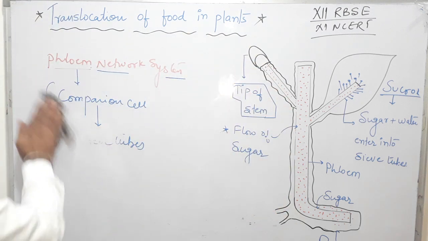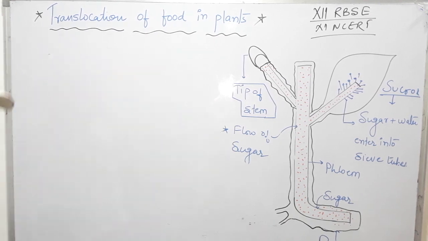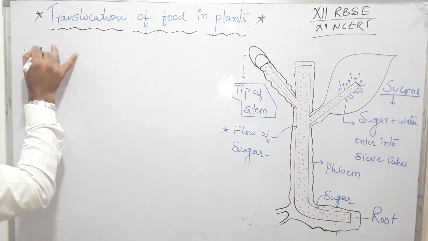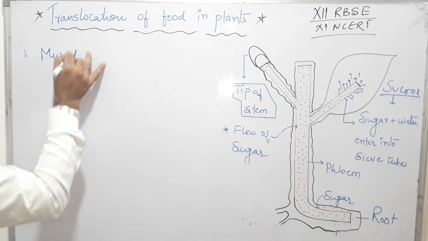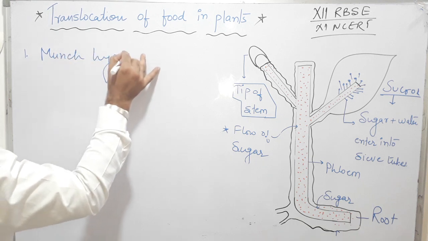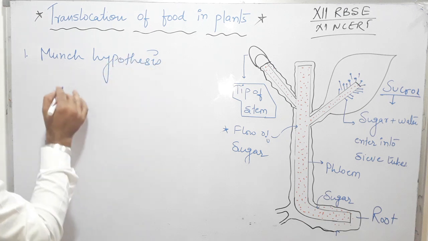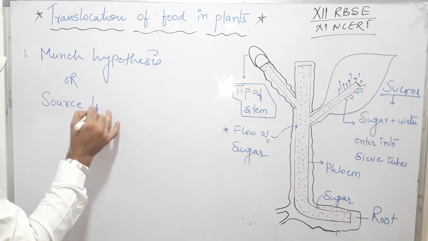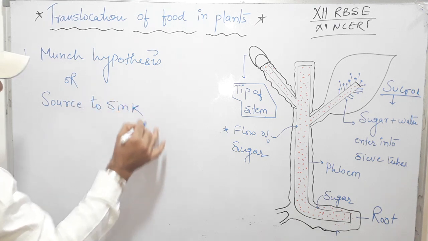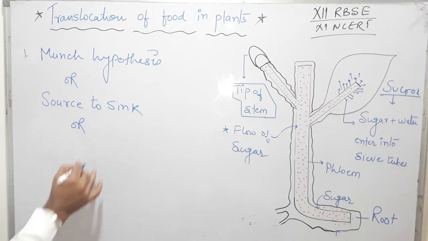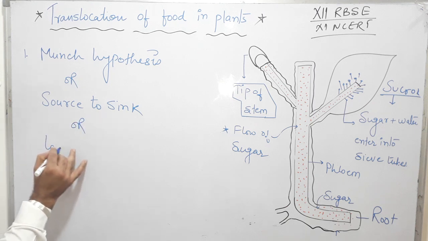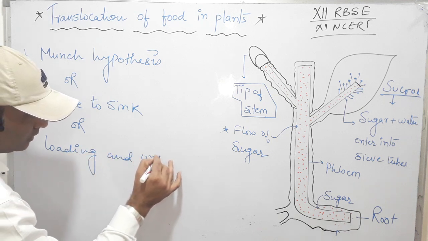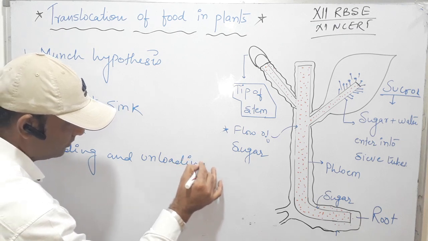So for the explanation of this mechanism, different names are proposed. First name is the Munch hypothesis, or we can say source to sink hypothesis, or we can say loading and unloading hypothesis.